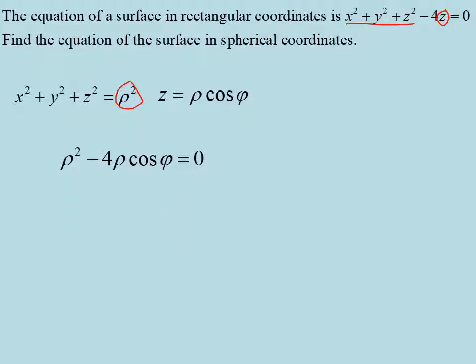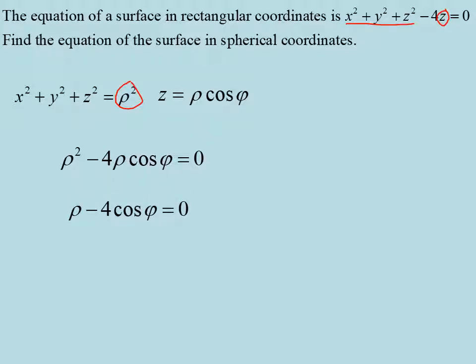Now this is what we would come up with when we make those two replacements. And this is where our thinking skills come in. Rho is the distance from the origin out to points along the surface. Now if rho was 0, then we'd only have a dot at the origin, which is not much of a surface. So we'll assume that rho is not 0, meaning we can divide both sides of the equation by rho.